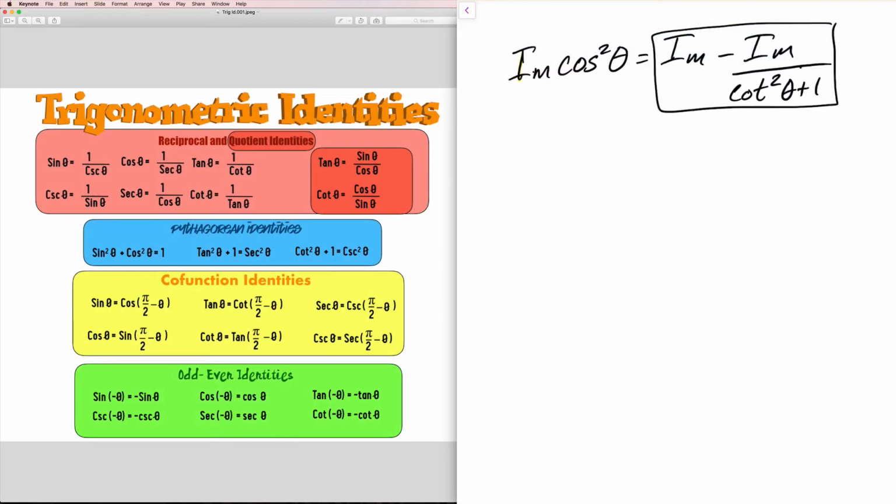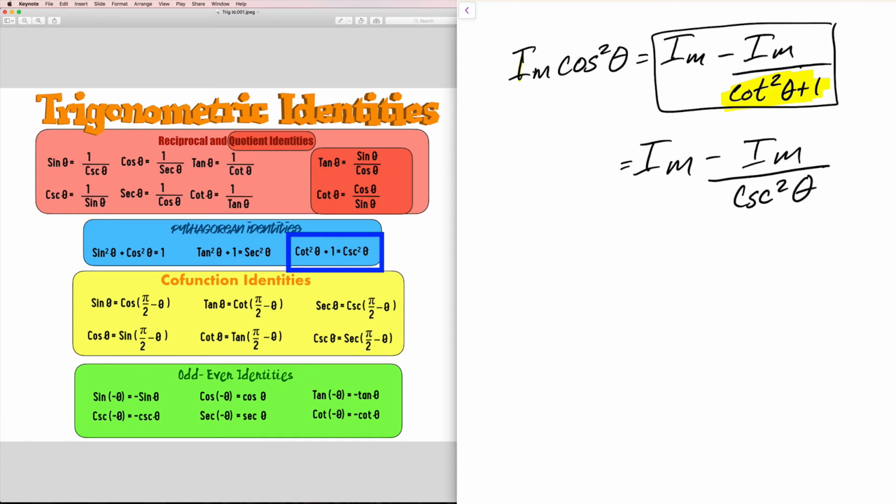So let's see. My attention goes to this immediately, cotangent squared theta plus 1, because this is a Pythagorean identity, and this equals, let me simplify, I sub m minus I sub m over cosecant squared theta.